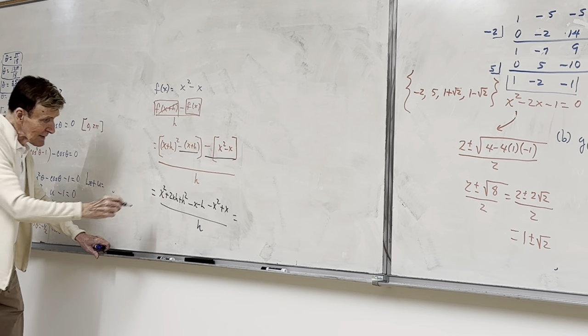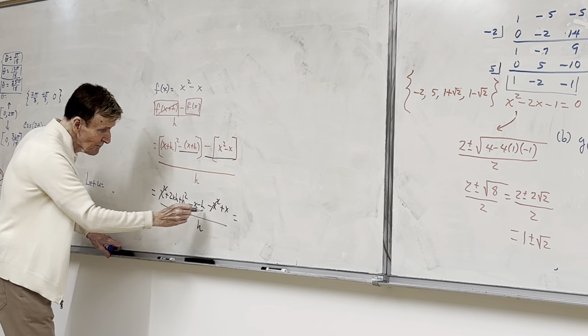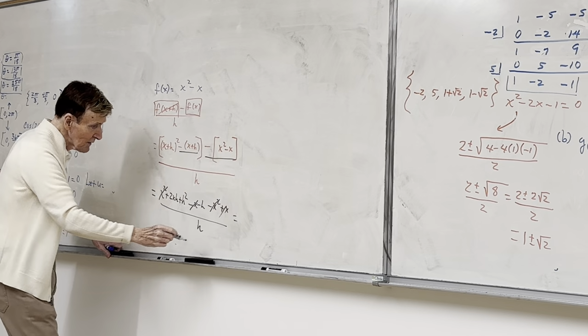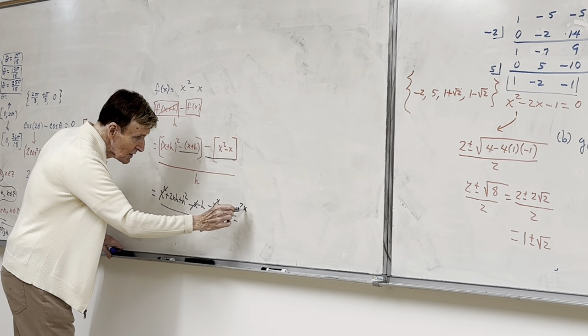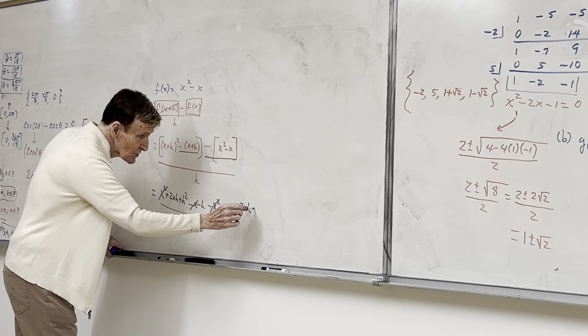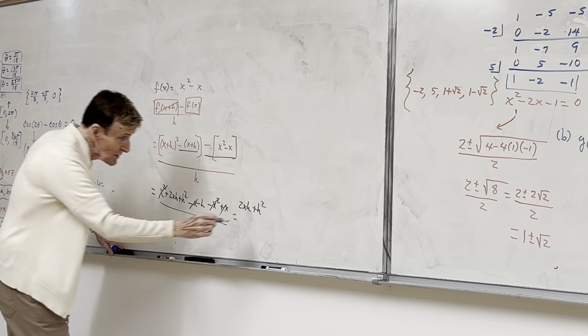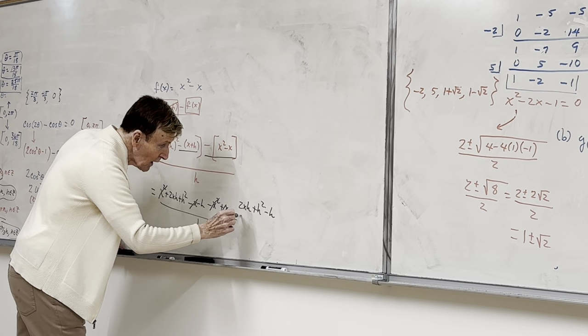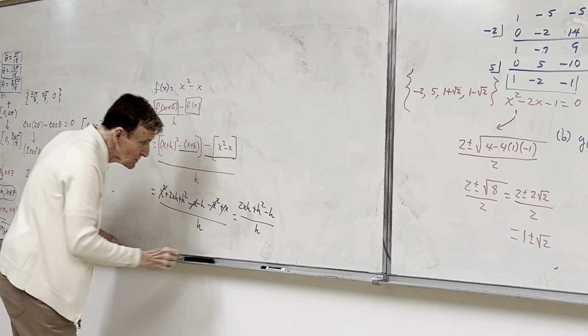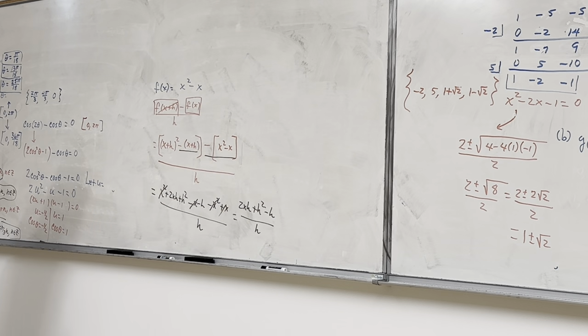Some of these terms will cancel. X squareds are gone, x's are gone. That leaves me 2xh plus h squared, and it looks like what? Subtract h, all over h. Now, what would you do? You gotta factor the h out.